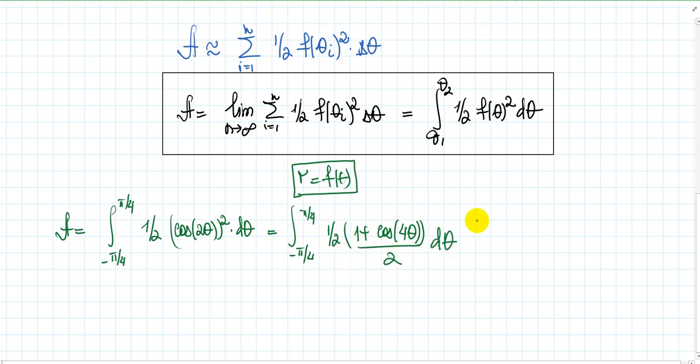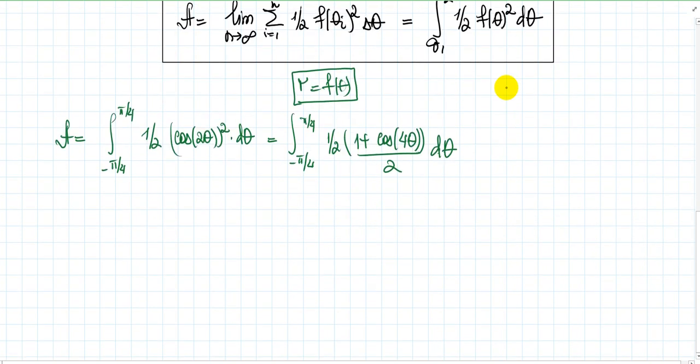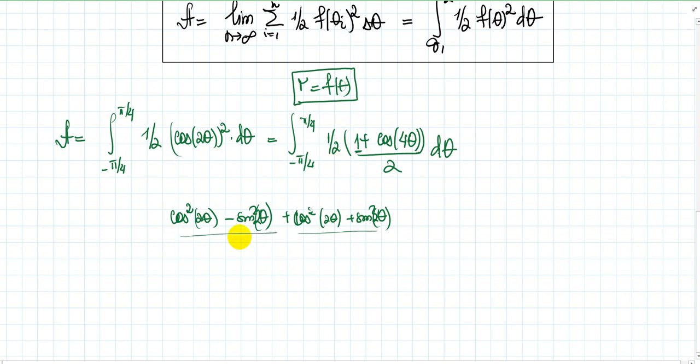Do you remember what the cosine of 4 theta was? Cosine of 4 theta is cosine square of 2 theta minus sine square of 2 theta. And 1 can be written as cosine square of 2 theta plus sine square of 2 theta. So this is 1, and this is the cosine of 4 theta.